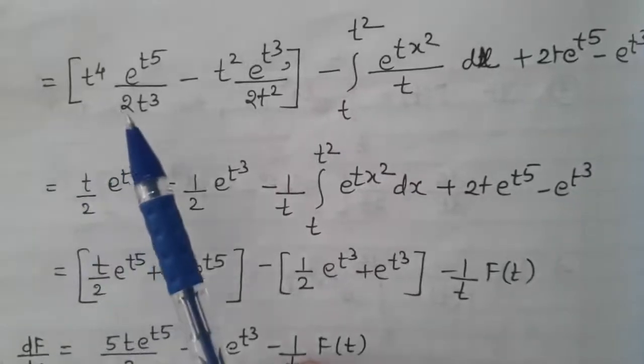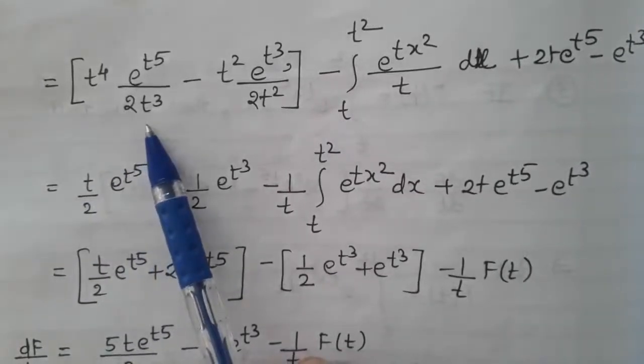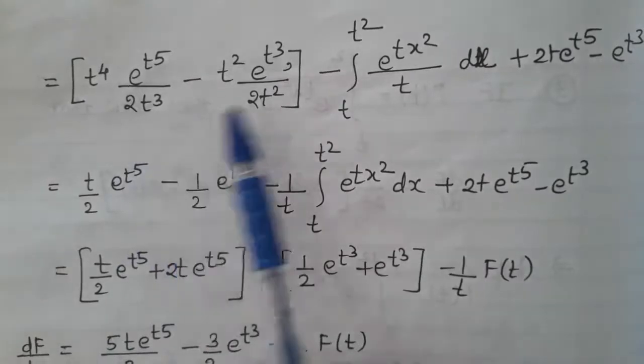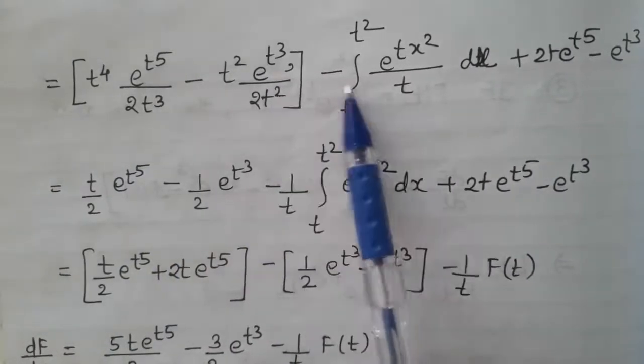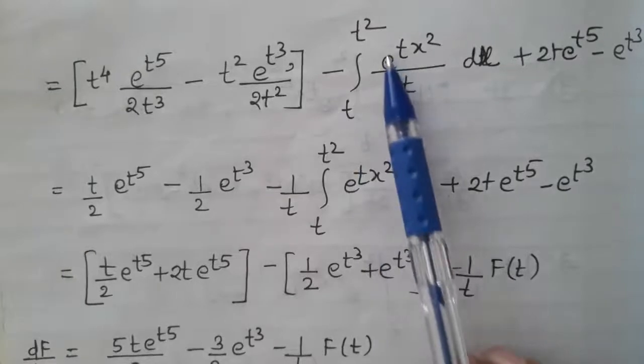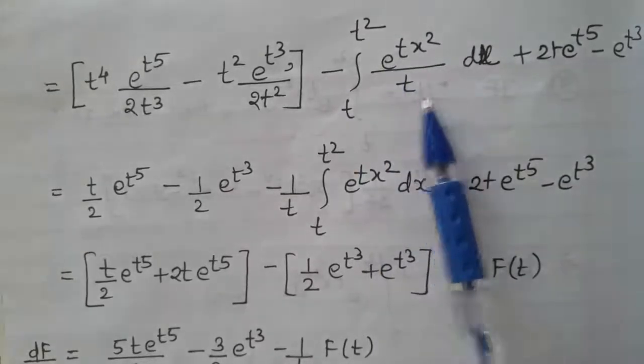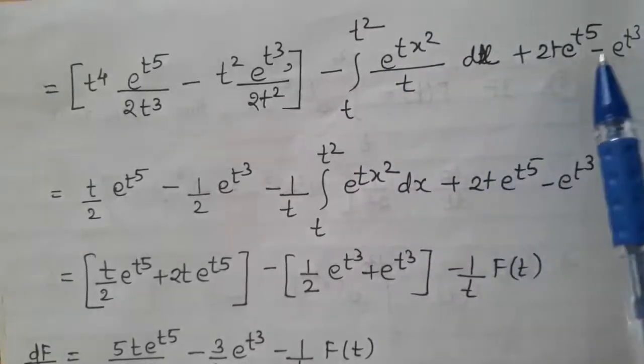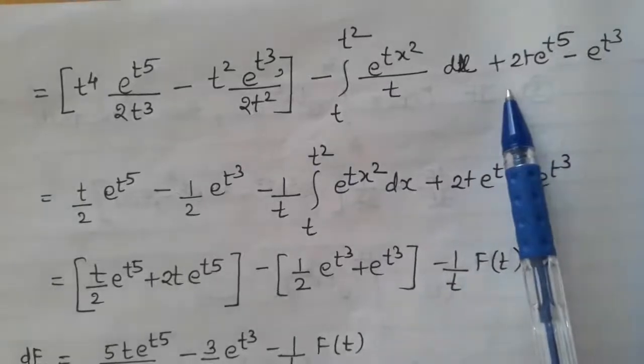After applying the limits, all the steps are in front of you. Minus integral of t to t square e raised to tx square upon t, here this is dx, and write the last two terms as it is.